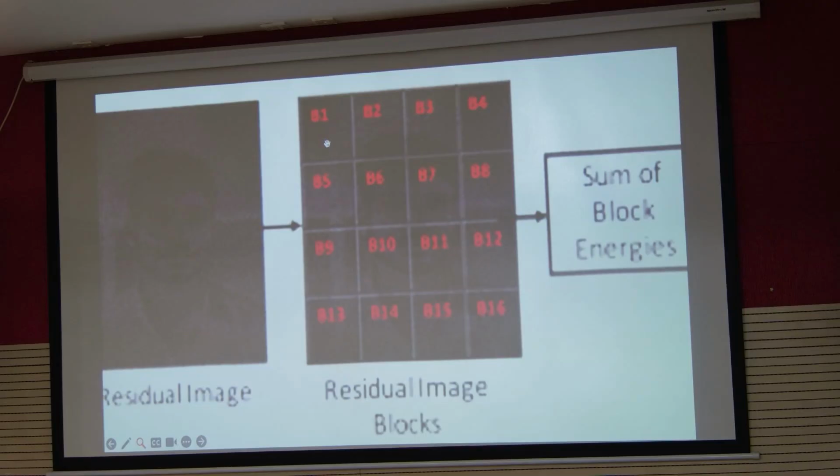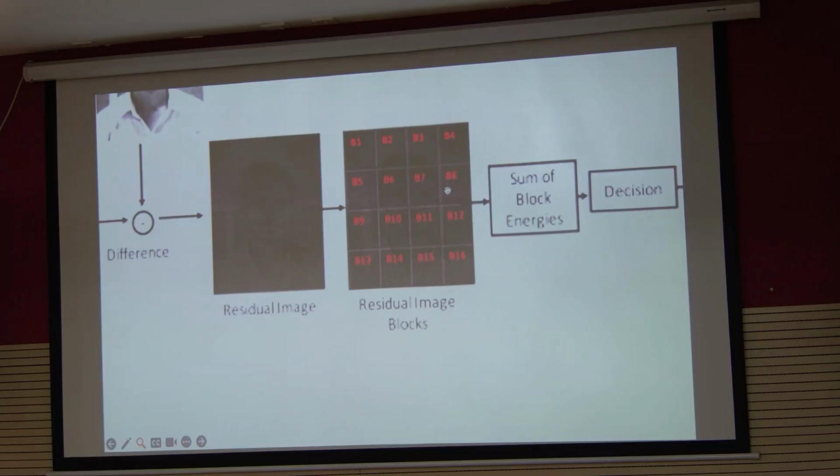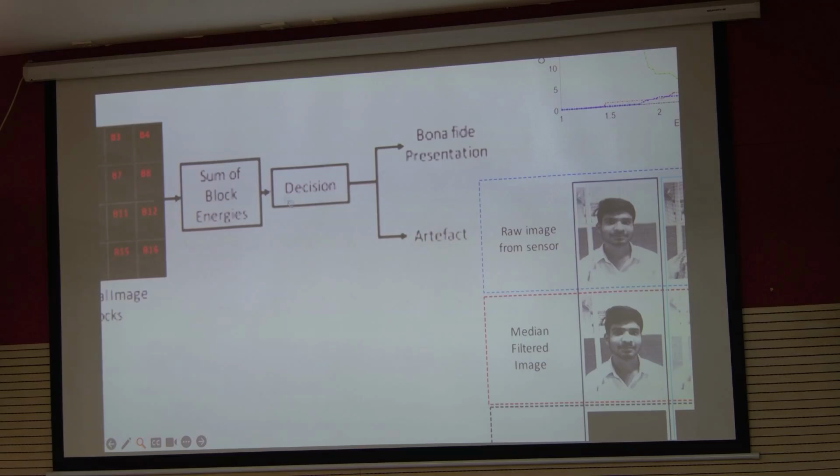Nothing fancy here, everything is basic signal processing. Then I can sum up the whole energy distribution and have a classifier which says whether it's a bona fide image or an attack image. This family of approaches can work only when you have the sensors at hand. If you do not know your sensors, then probably they will fail.